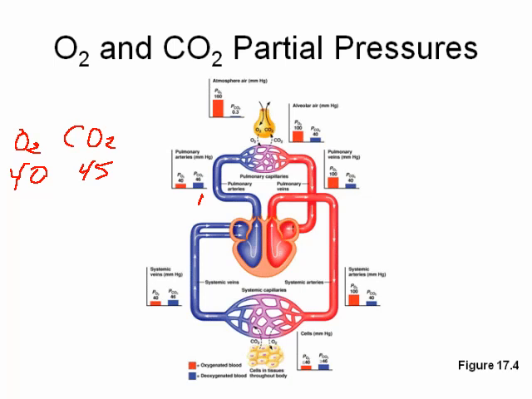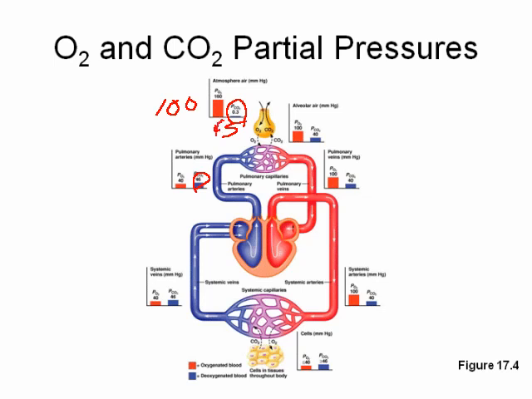So, of course, we have this poorly oxygenated blood coming into the pulmonary circulation. And, of course, we have oxygen coming in and CO2 leaving the alveoli, so that the oxygen partial pressure goes up to about 100. And the CO2 partial pressure drops down from about 45 down to about 40.